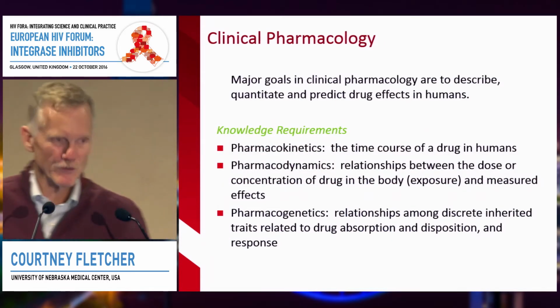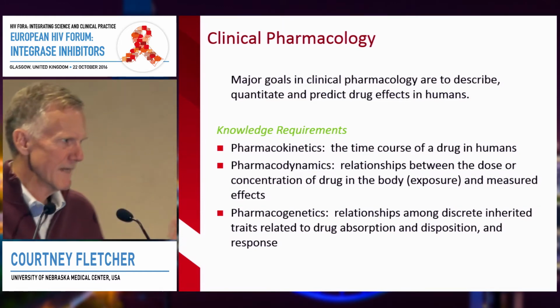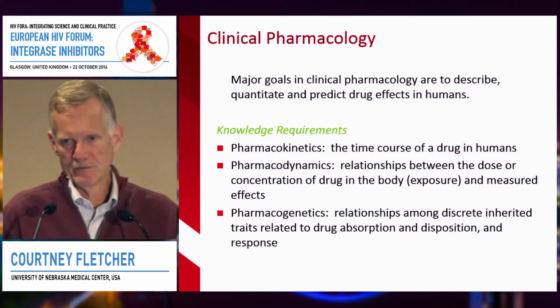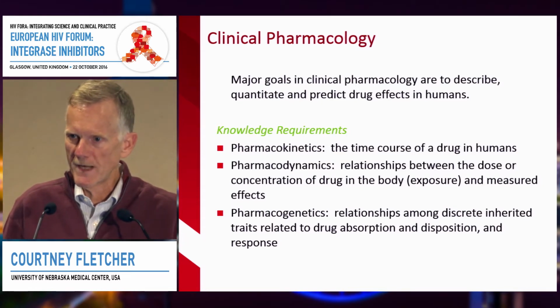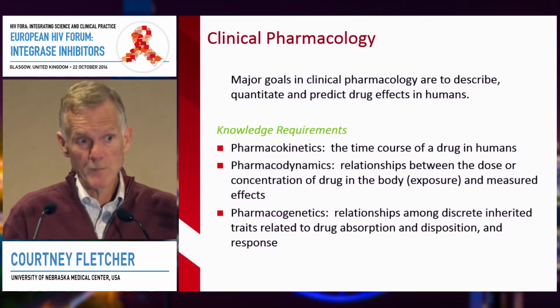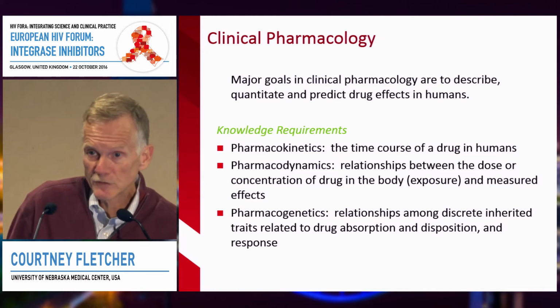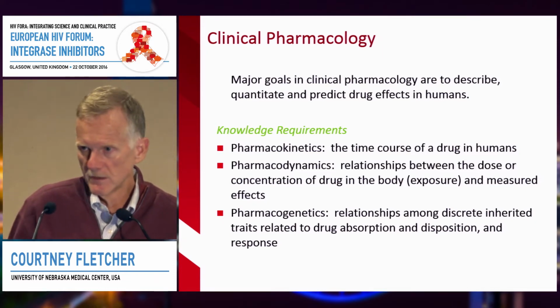So first, just to start with a few introductory comments about clinical pharmacology, we really talk about three areas of study. Pharmacokinetics, that's the time course of drug through the body. We've talked about half-lives. We'll also talk about the spaces to which a drug penetrates, whether it's metabolized via the liver, is it cleared by the kidney.